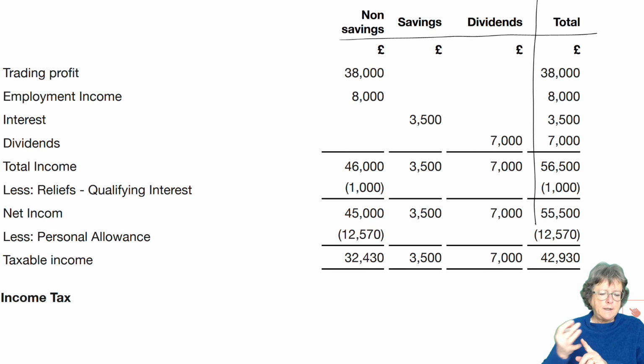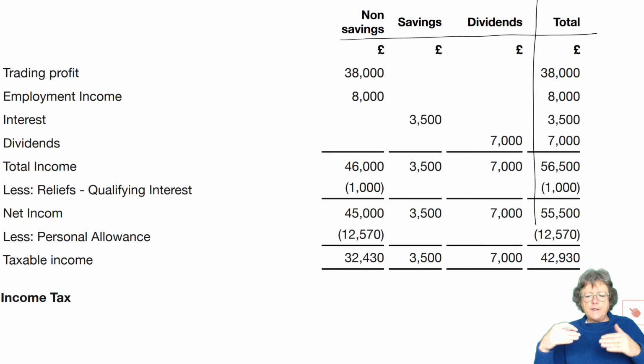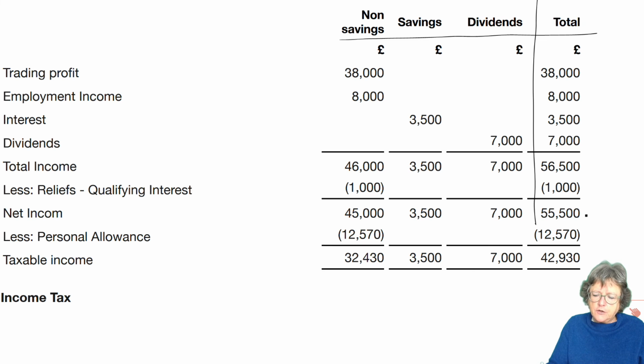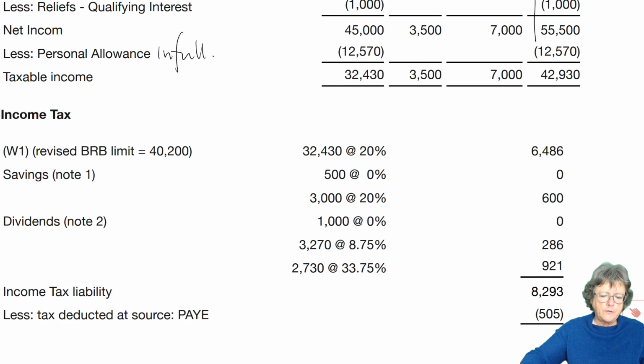The trade income, the employment income, the interest in the correct column, the dividend income, all added up, nice and neat, well presented. We've taken off the qualifying interest and she is entitled to a full allowance because it's not over the 100,000. Okay, income tax.